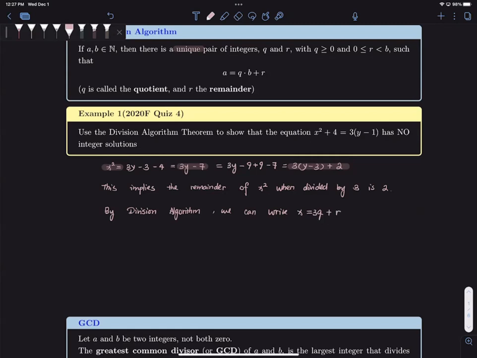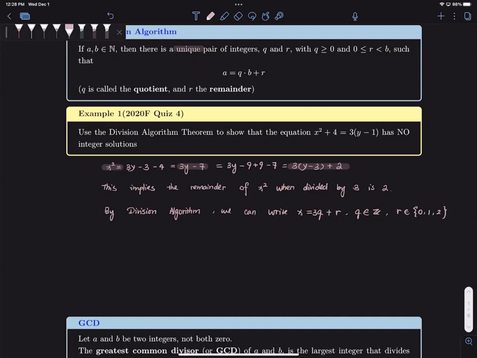My b is 3 here. Make sure you define your q and r. Q is an integer, r is what? What can my r be? It's 0, 1, 2, that's correct. R is 0, 1, 2 because you divided by 3, so the remainder can either be 0, 1, or 2.